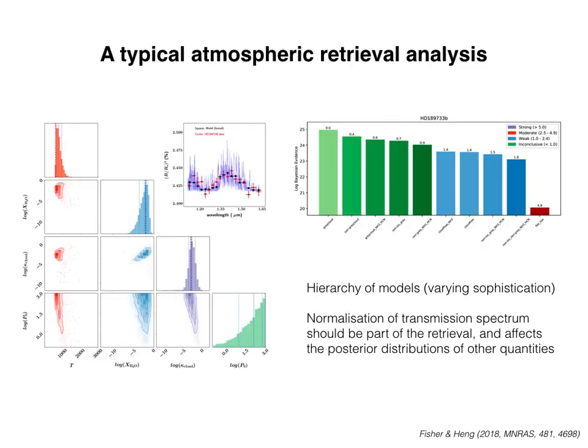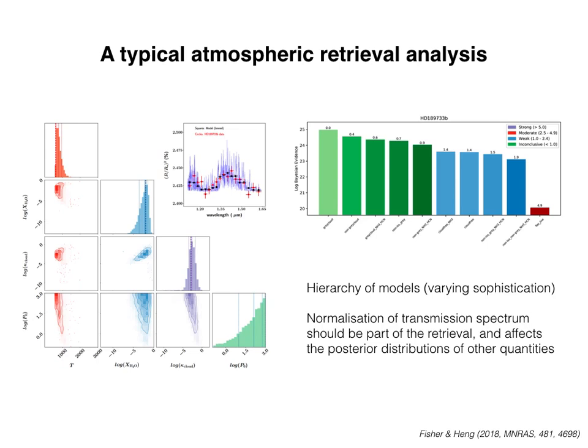So here's one example of the WFC3 transmission spectrum of HD 189733b, which is a hot Jupiter. On the left, what you see is the model that best fits the data, and I will explain what that means in a minute. This model is relatively simple. It assumes one temperature, an isothermal transit chord through the atmosphere.